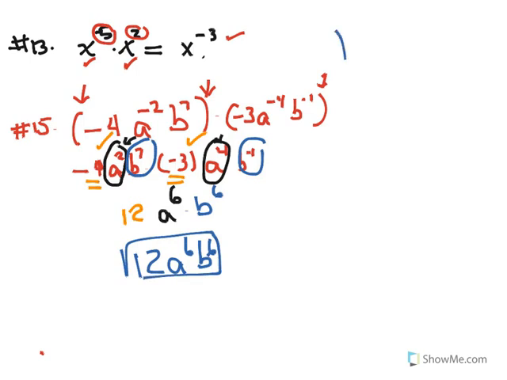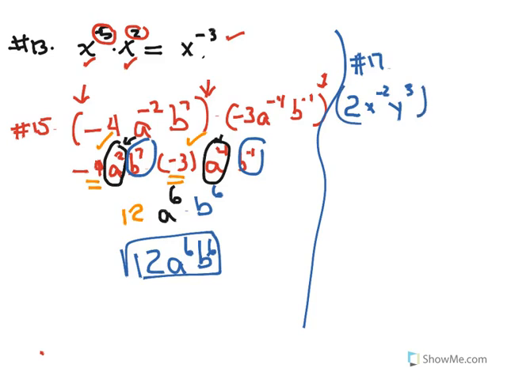So we have the very last problem, problem number 17. In problem number 17, I have this whole expression, 2x to the negative 2, y to the third, set to the negative 2 power. Now, the first thing, I can do many things.